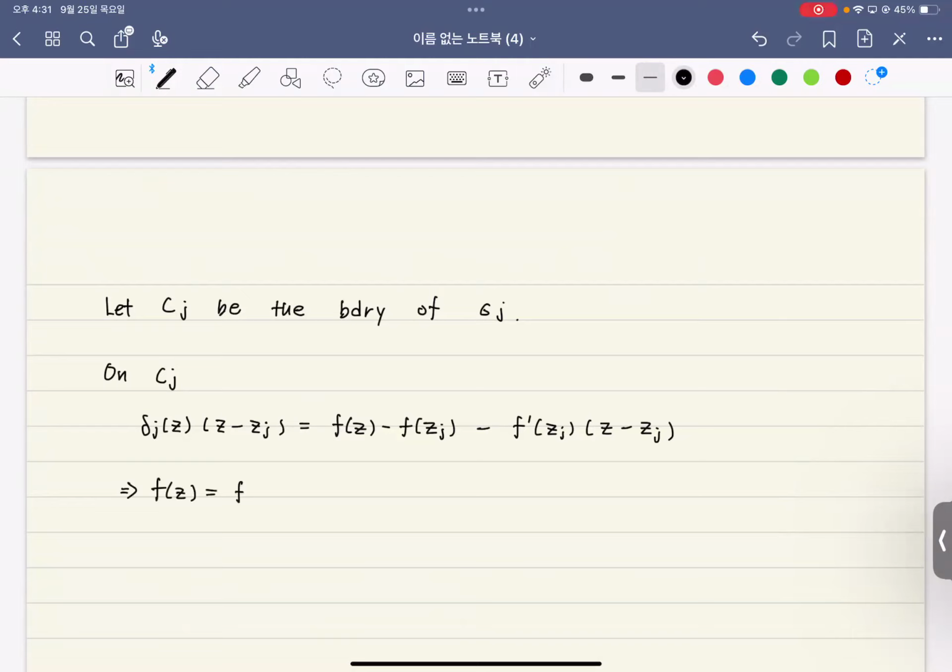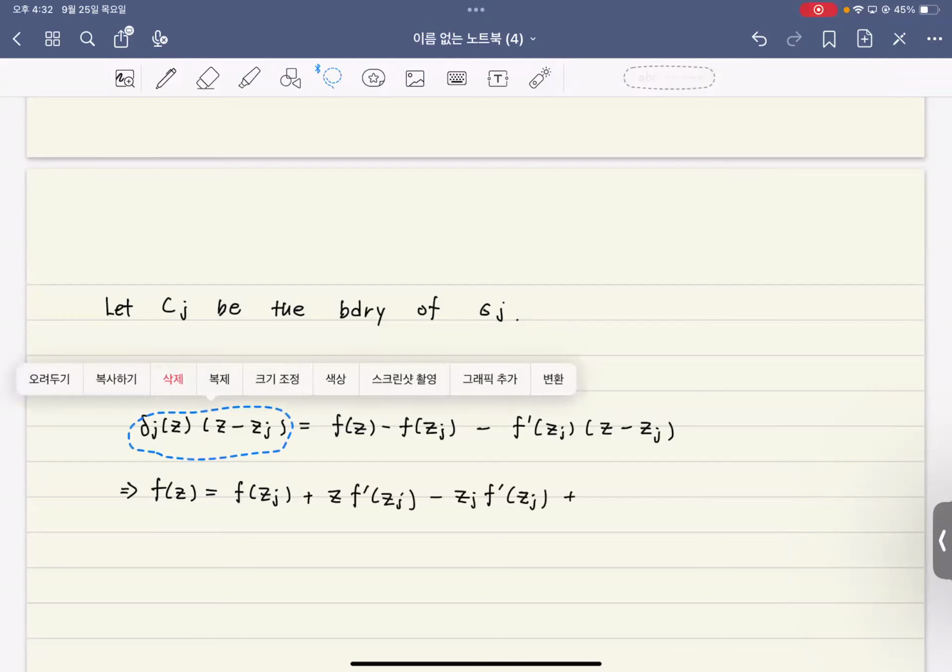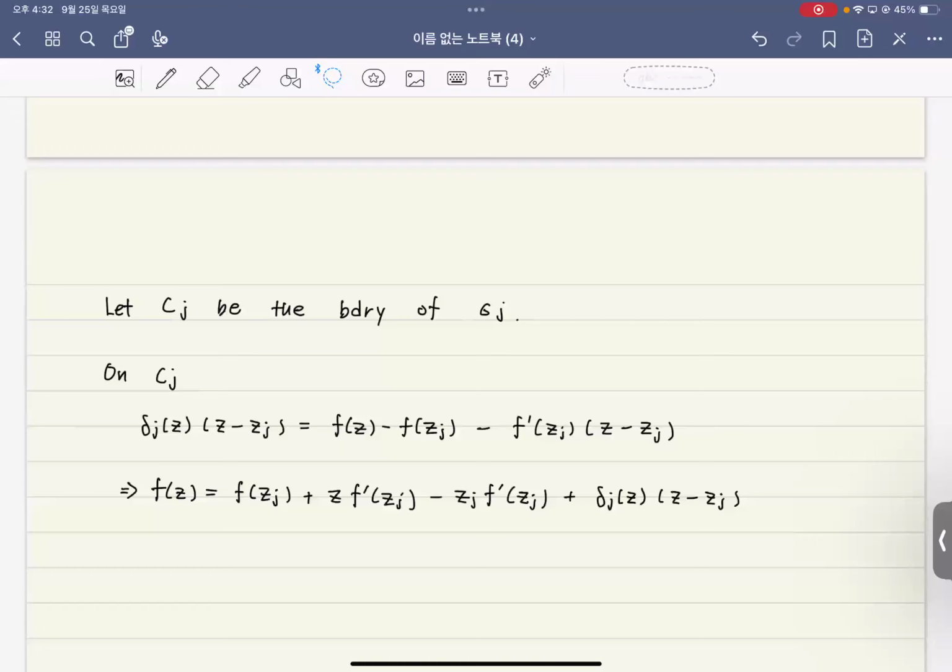So this is f of zj plus z times f prime of zj minus zj times f prime of zj, and plus this, which just carries over. Okay.